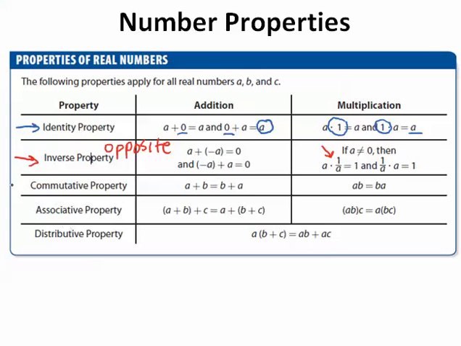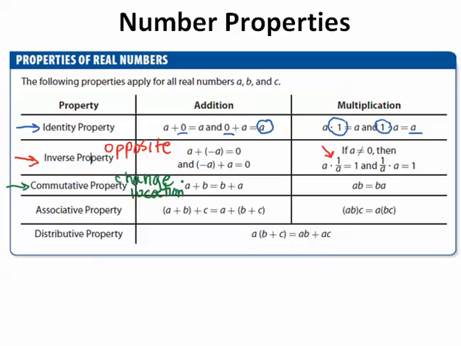Now, what about commutative? I'm sure that y'all have heard of commuters. Commuters go back and forth. They go to their job and then they come back. Like people in DC, they ride the train to their job and then they come back because they commute back and forth. So this means that they change location. So that means they're going to move.